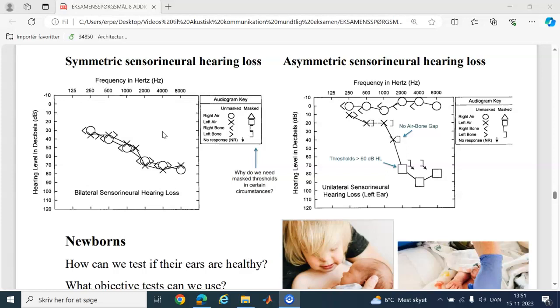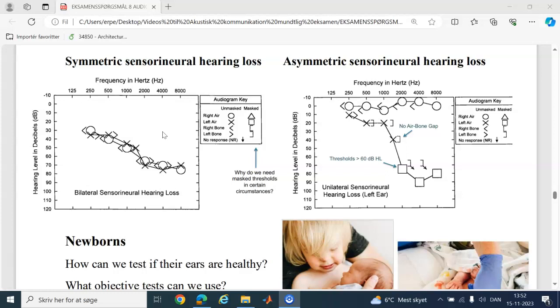It is when the right ear and left ear unmasked, and the right bone and left bone, have the same values. There is no deviation from the values at certain frequencies. Then we can have asymmetric sensorineural hearing loss.